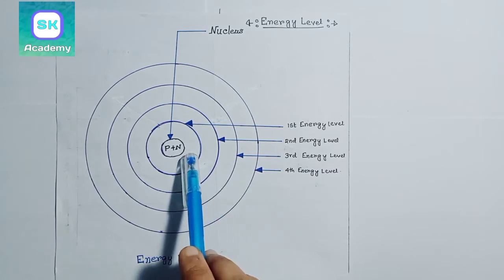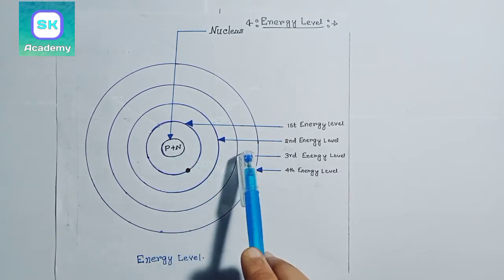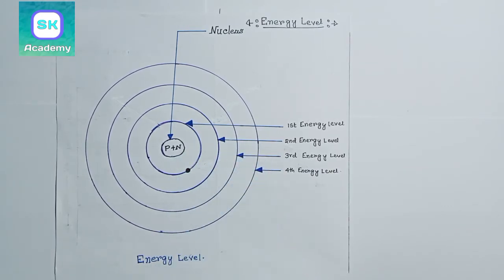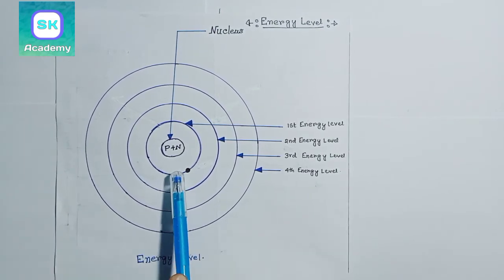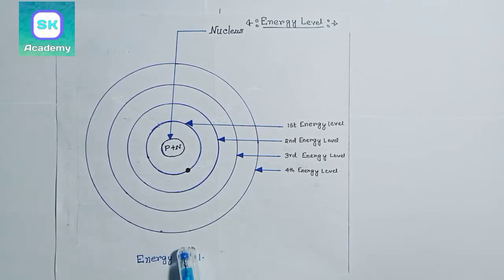The different orbits have different energies. The orbit which is closest to the nucleus has the lowest energy, and the outermost orbit has the highest energy. From here we see that the energy of different orbits are different.